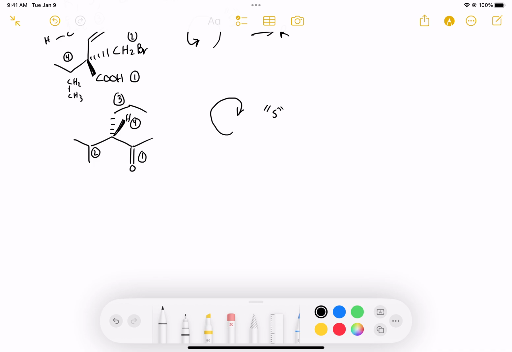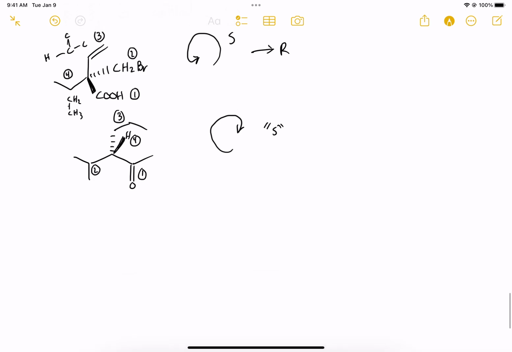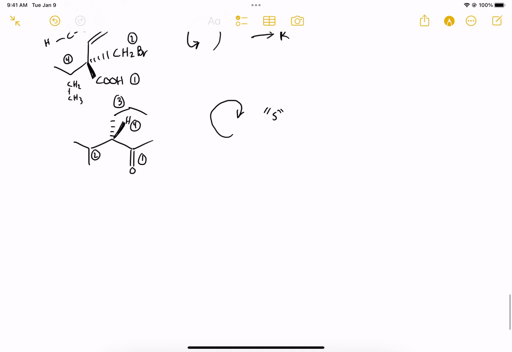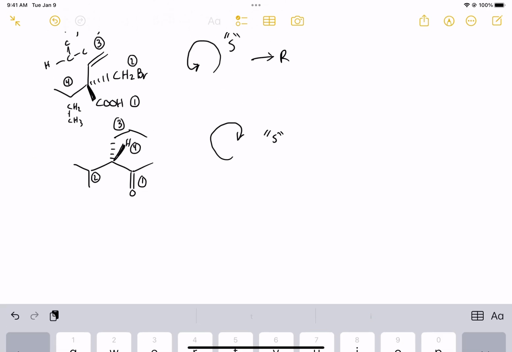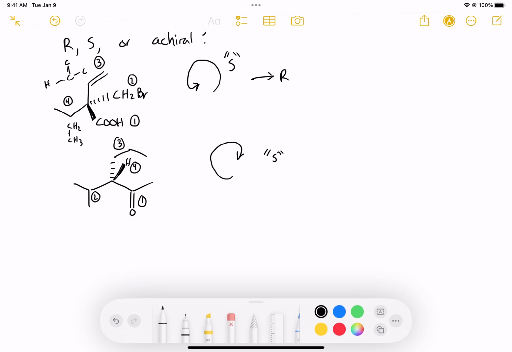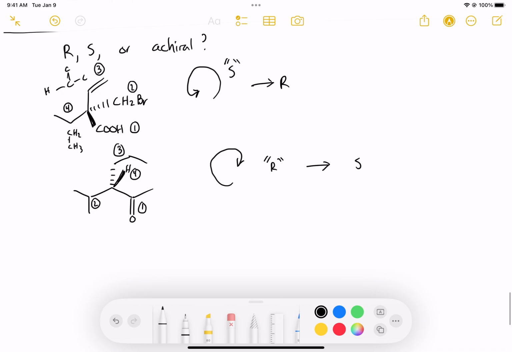Wait, isn't it S? No, sorry, that's R. So that looks R, right? So since the hydrogen is on the wedge when it should be on the dash, we're going to say it's S. And if we use the right-hand rule here, it is going to be S. 1, 2, 3. Yeah, so it's S. Good. All right, that one's a lot simpler.